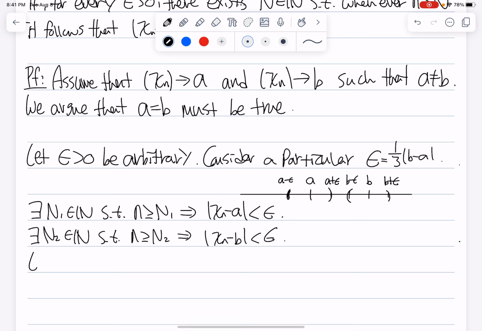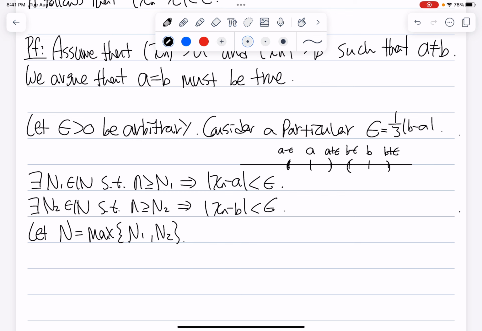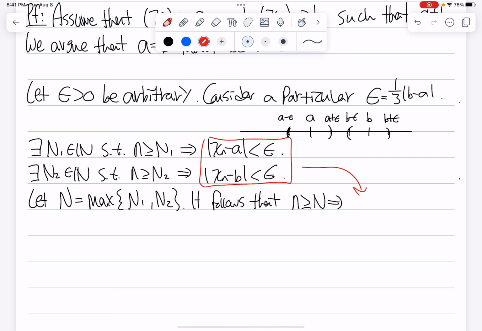All right, we're going to let N be the maximum of n1 and n2. So since we're letting N be the maximum of n1 and n2, it follows that n greater than or equal to N implies both of these to be true. All right.